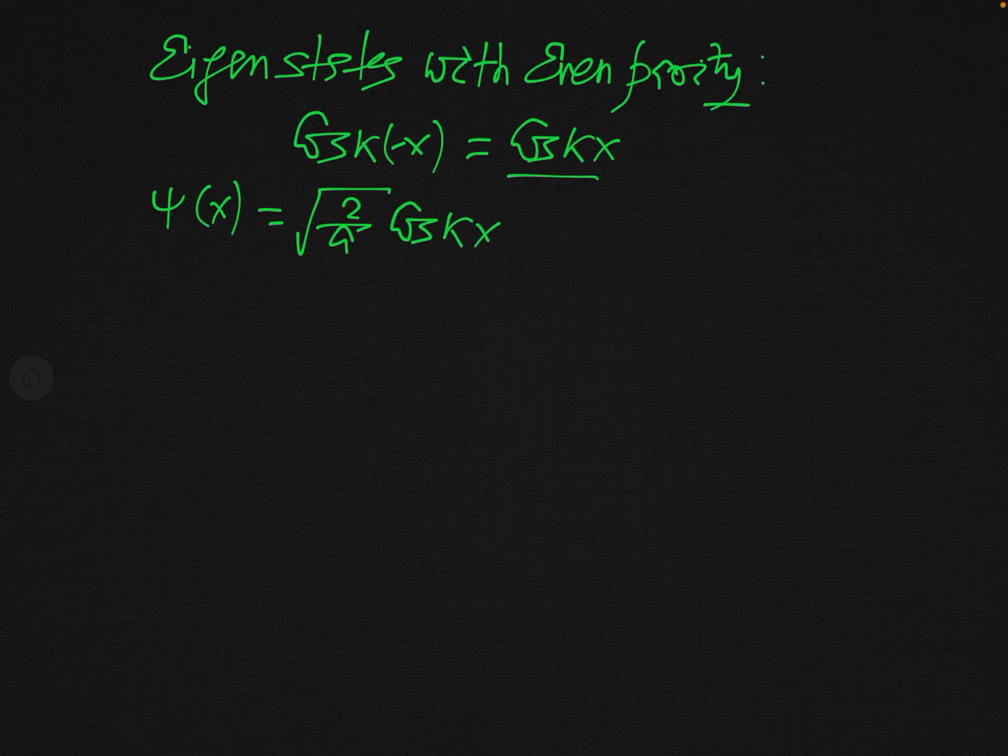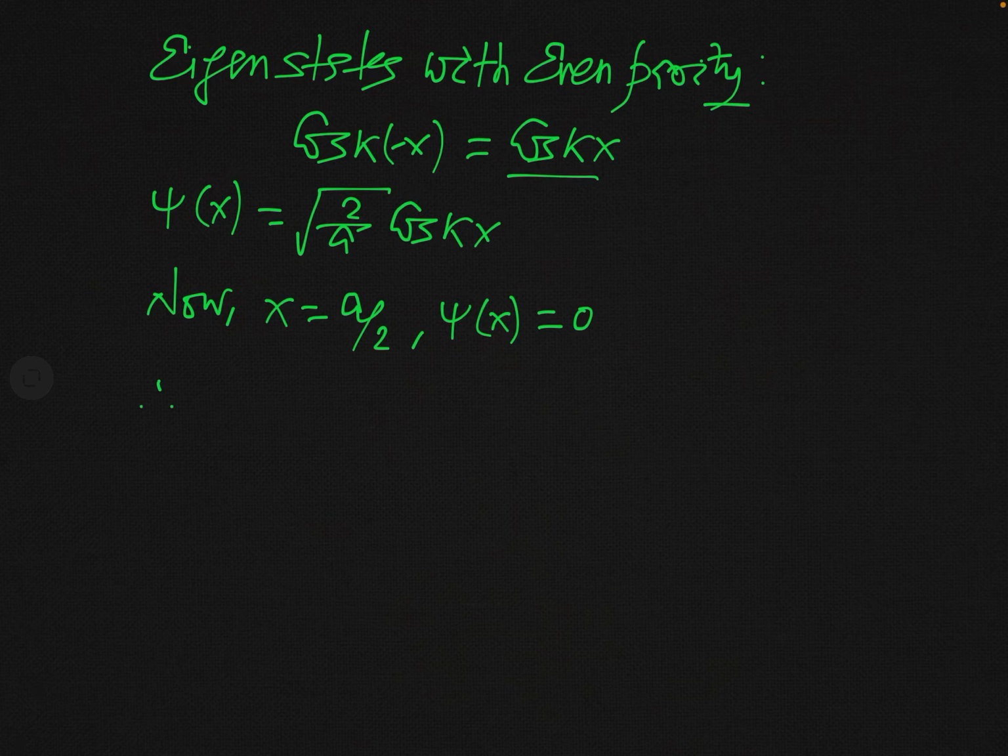Now again we will apply the same boundary condition to find the value of k here. So now you know at x equal to a by 2, this psi of x is equal to 0.